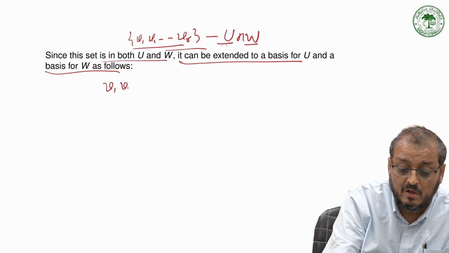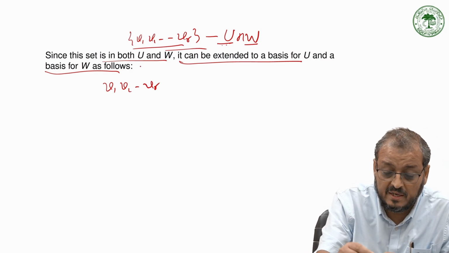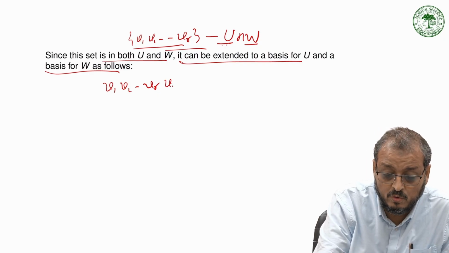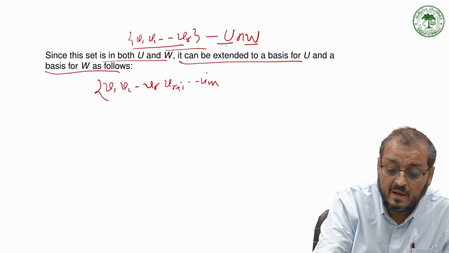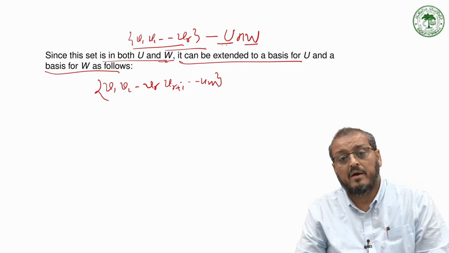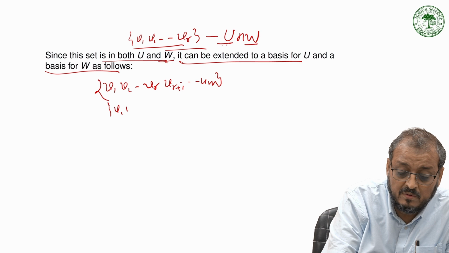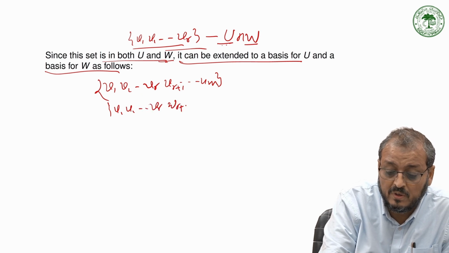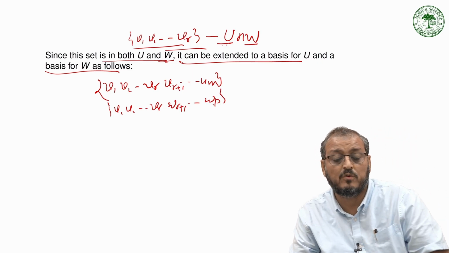Because the dimension of U is M, we add U(r+1) and so on up to UM. Since V1 up to Vr is common to both subspaces, for W we extend with W(r+1) up to WP.